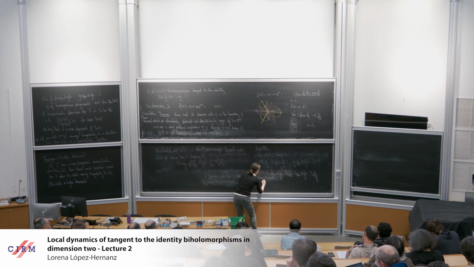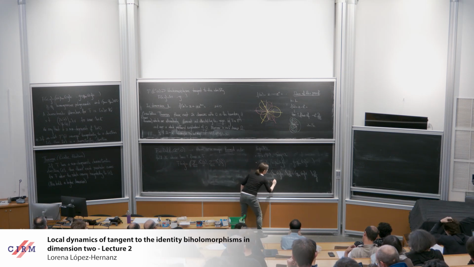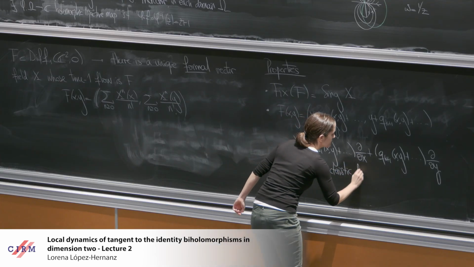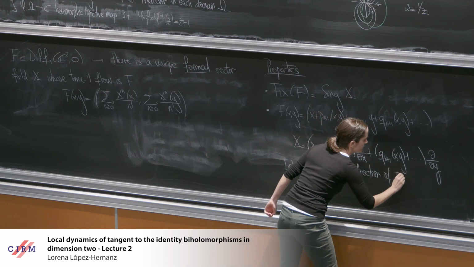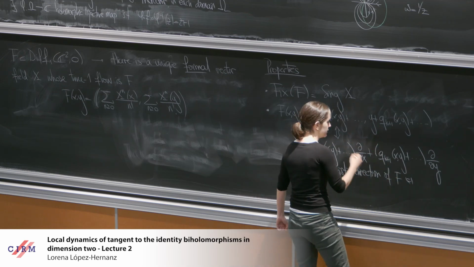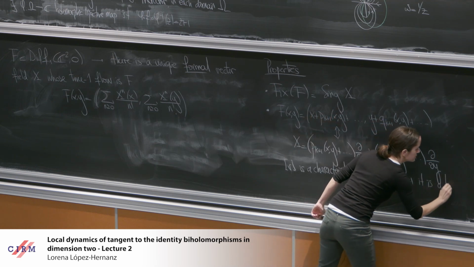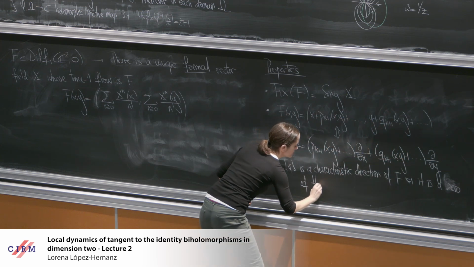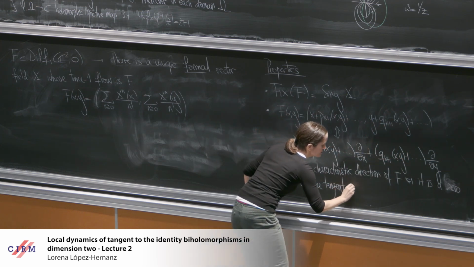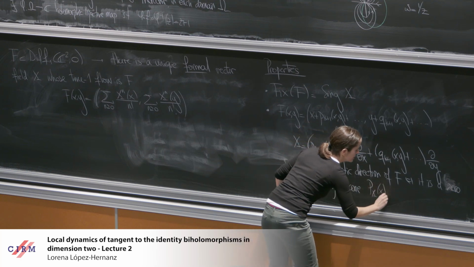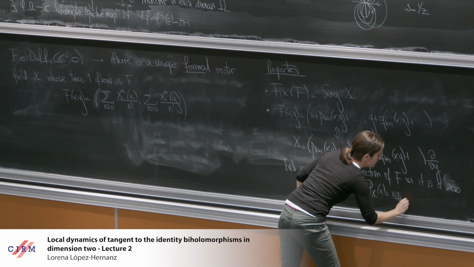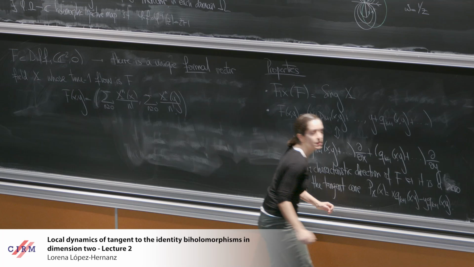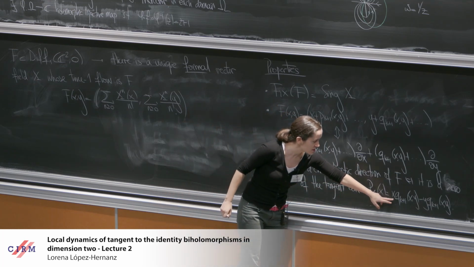In particular, v is a characteristic direction of f if and only if it is a zero of the tangent cone we defined yesterday, P_X, which is x q_{k+1}(x,y) minus y p_{k+1}(x,y).